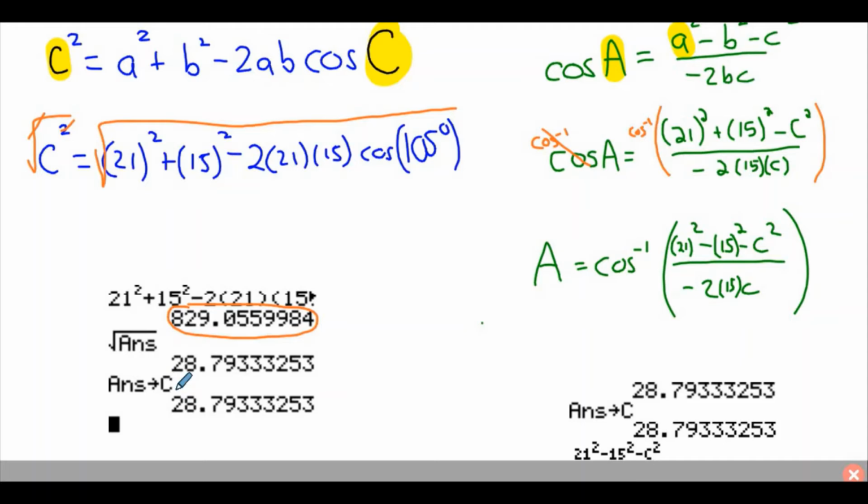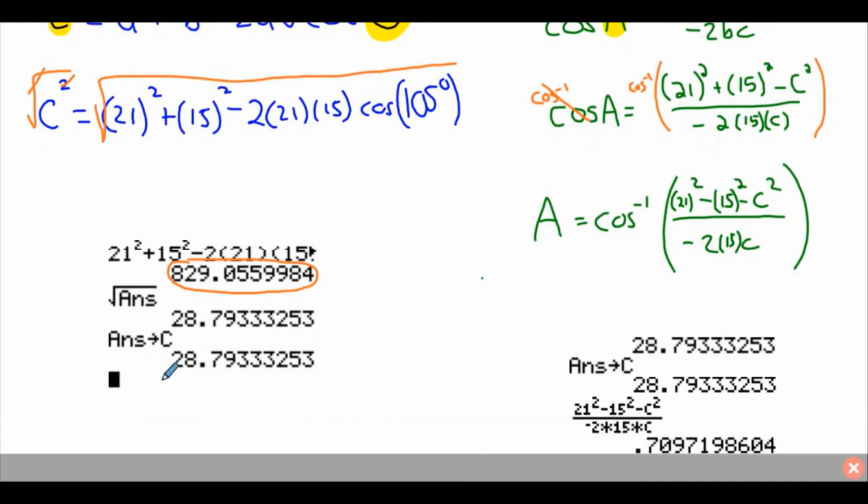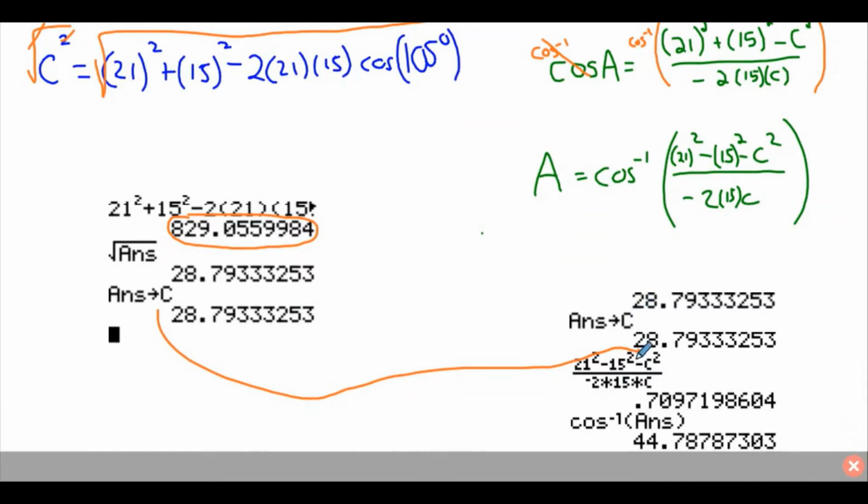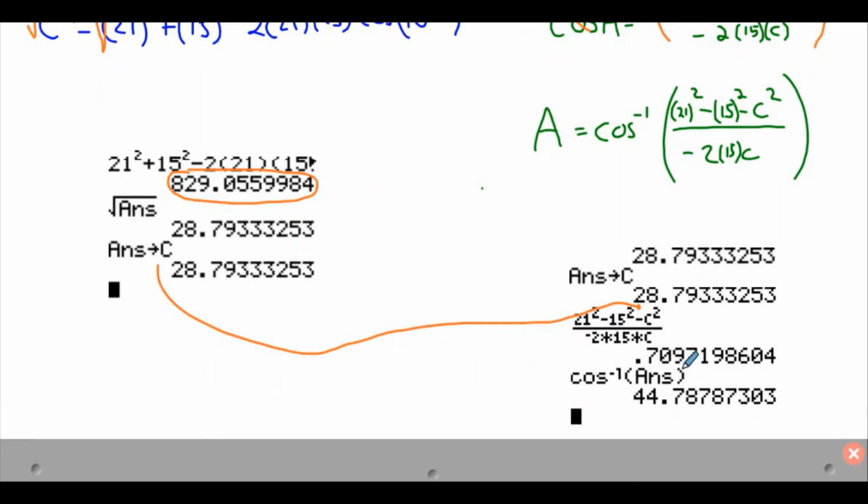And the reason that's important is once I store that, I can then directly use it over here. Okay, so I can directly use that in my calculations in my calculator here. So you can see I just kind of kept going. I stored that as C, and then I typed in that information, and then I inverse cosined it. Now, when I say answer, if you inverse cosine on the TI, it will directly put this in there.